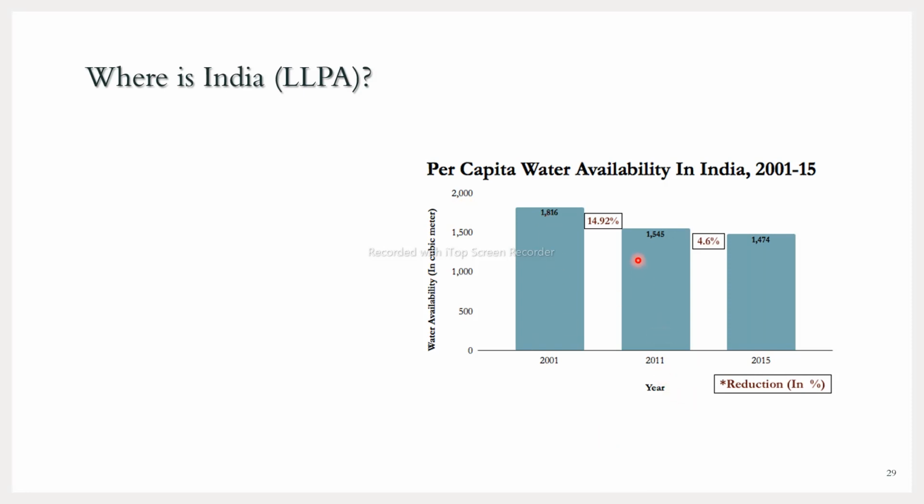In 2011 it was reduced by 15% to 15 LLPA, and in 2015 it was reduced again by 5%, to 14.7 LLPA. So the per capita water availability in India is decreasing.